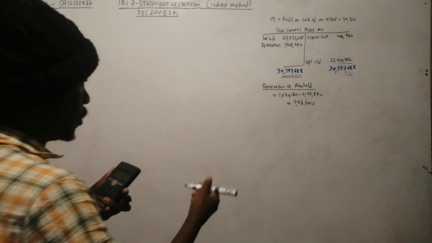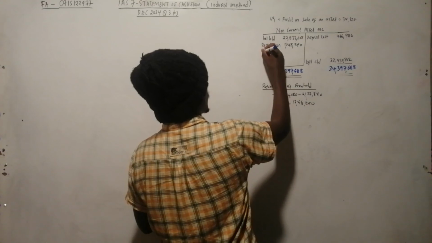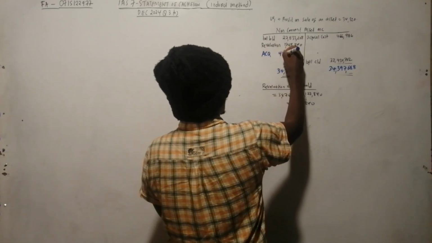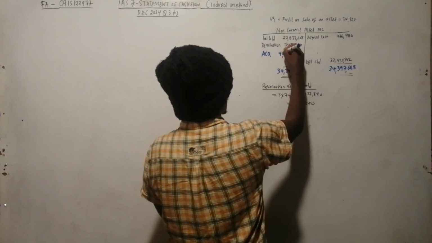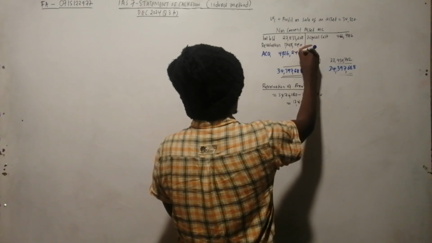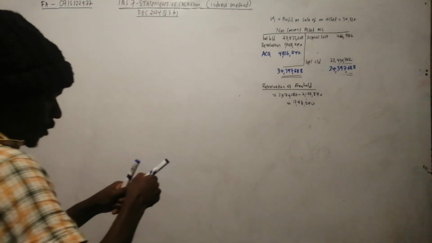So it is 48,16,240. This is an acquisition. So we say acquisition or the purchase. So it is 48,16,240. That is the second working. This is working number 2.